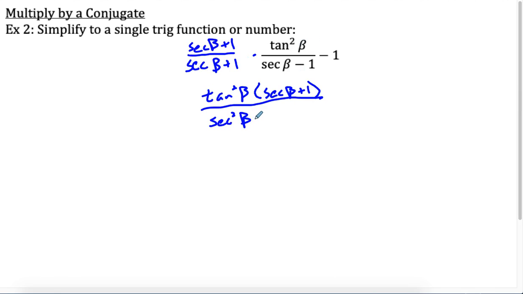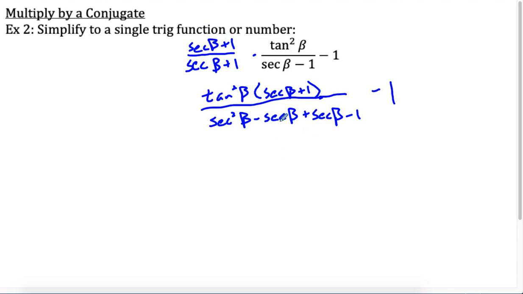Secant times negative 1 would be negative secant. Then 1 times secant would be positive secant. And then 1 times negative 1 would be negative 1. That's all in the denominator. And then we still have this minus 1 out here. Now, remember, we're allowed to do this because this is just multiplying by 1, so this doesn't change the value.